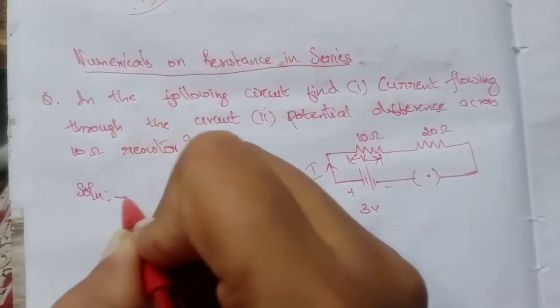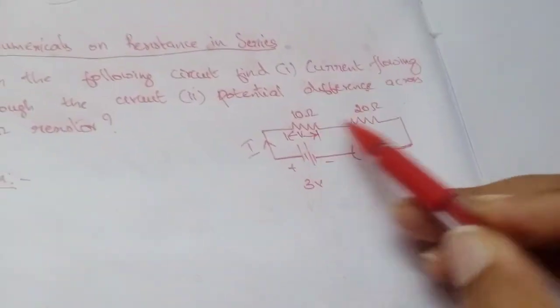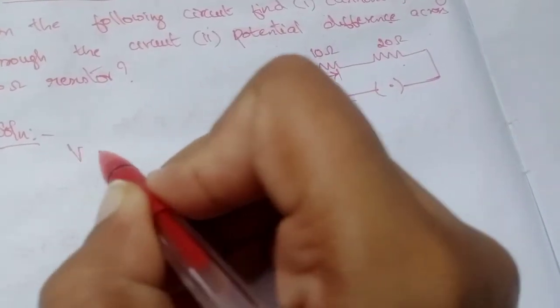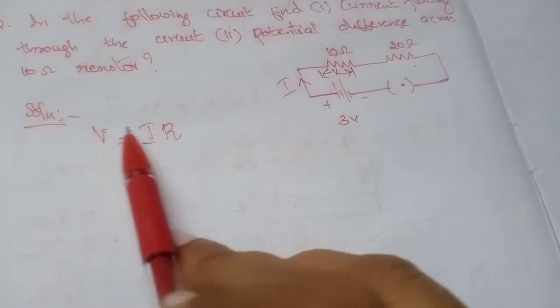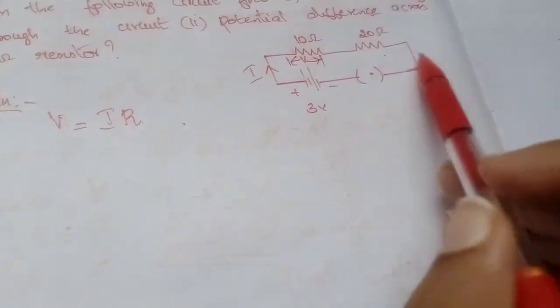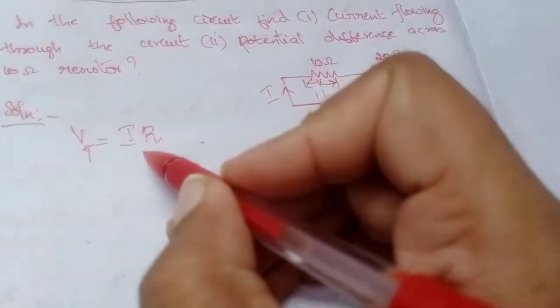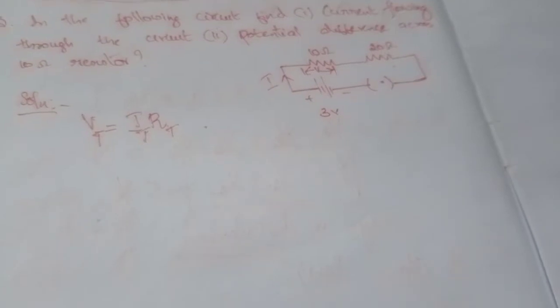Here in this problem, we have two resistors connected in series, right? We know V is equal to I into R. When we are considering the total voltage of the circuit, we can write it as VT. VT, the total voltage, is equal to total current into total resistance.